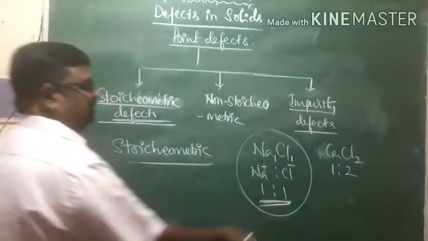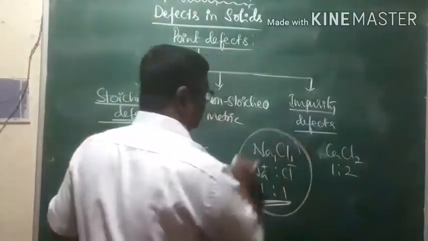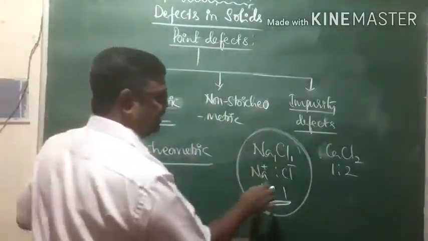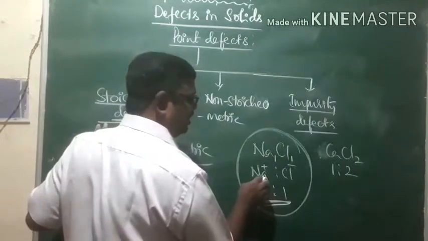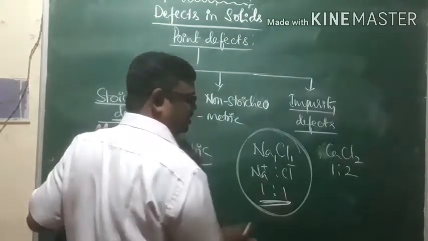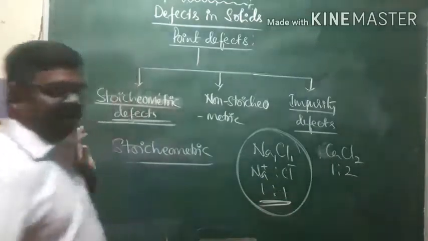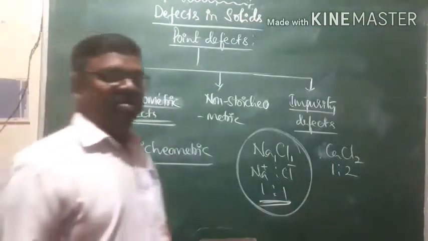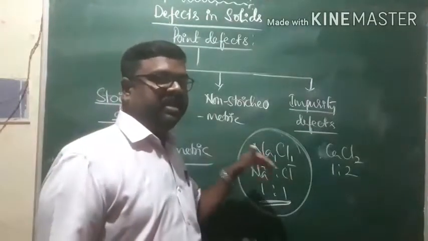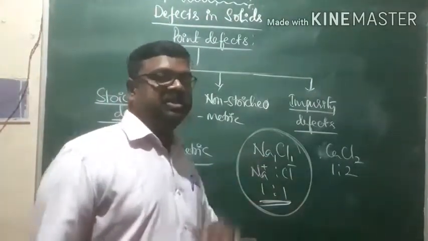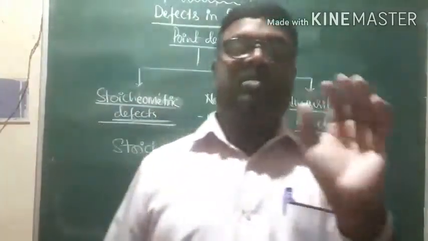You know, take an ideal sodium chloride crystal. Before defects, the stoichiometric ratio is 1:1. Even after introducing a defect in a crystalline solid, this ratio will not be changed. That stoichiometric ratio will not be changed.